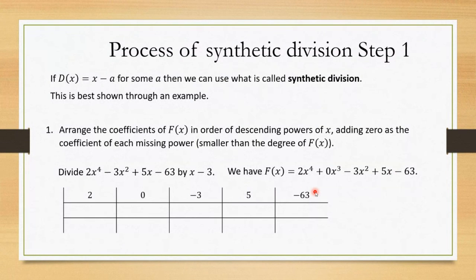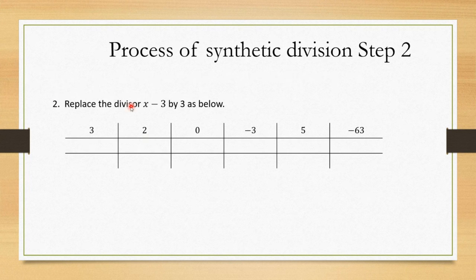Sorry, I had to blow my nose. Okay, so these are the coefficients: 2x to the 4, 0x cubed, minus 3x squared, 5x, minus 63. Now, there's going to be another column on the left. That's the 3 for x minus 3.